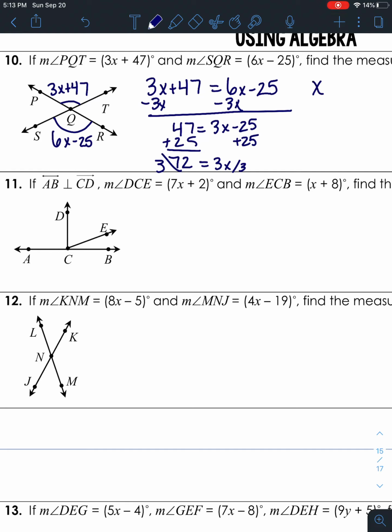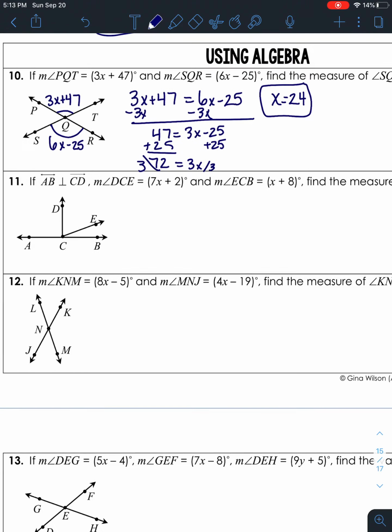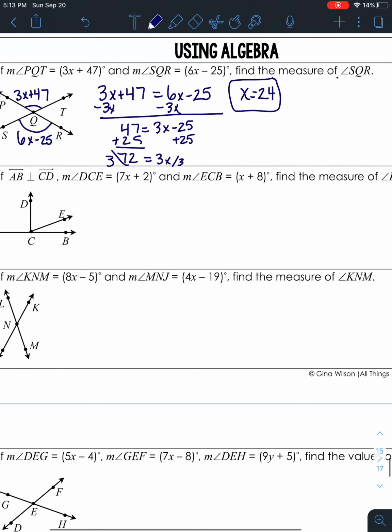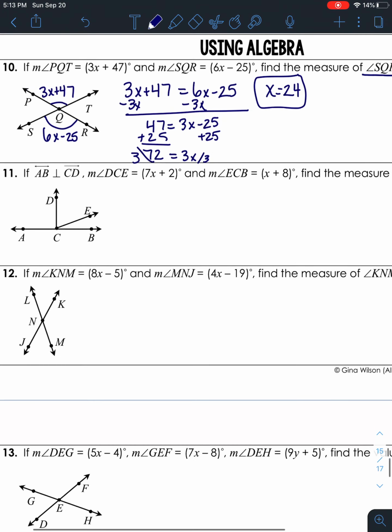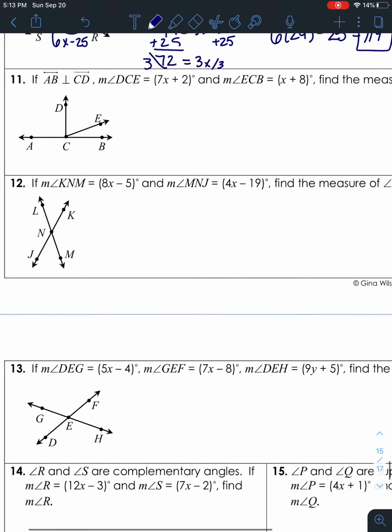So you get a grand total of x equaling 24. Now to be careful and make sure we are answering the question, it wants the measurement of SQR. So I'm going to plug in 24, so 6 times 24 minus 25. That will give me 119 degrees.